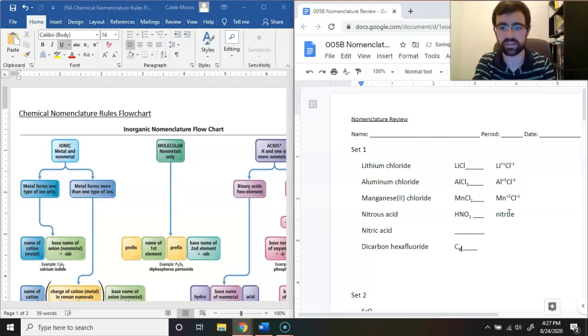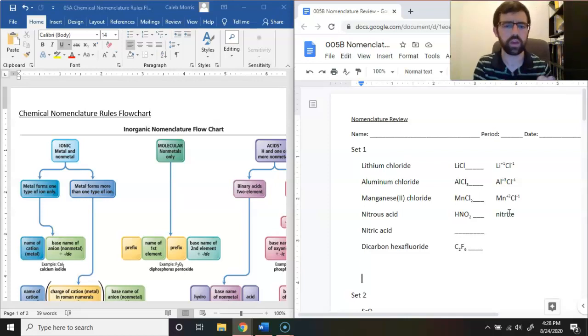I did that wrong. Dicarbon would be C2, and hexafluoride is F6. So I'm sorry about that. That is C2F6.